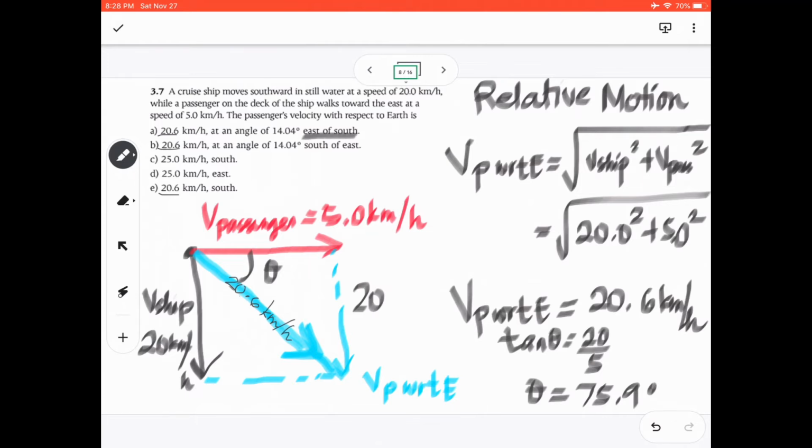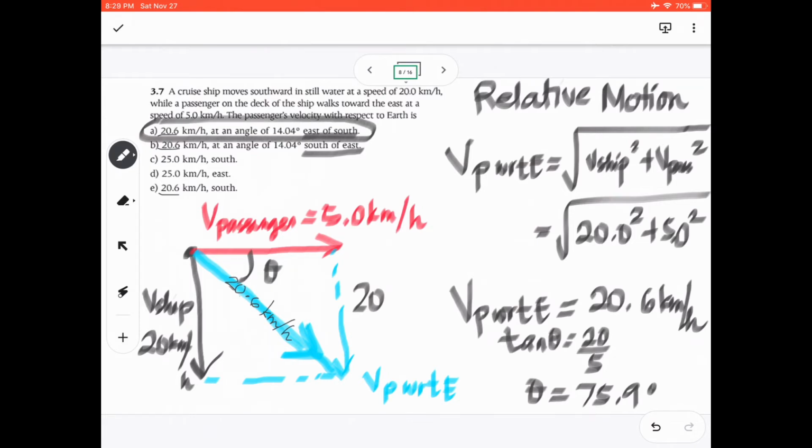east of south and south of east. What is south of east and what is east of south? Which one are we going to choose here? The answer here will be A, 20.6 east of south.